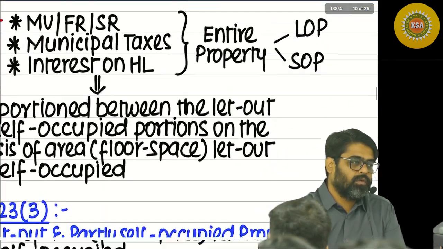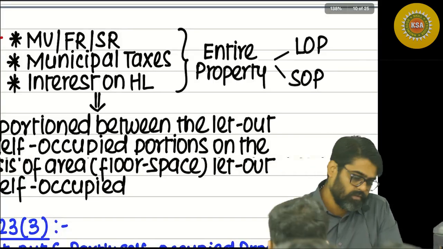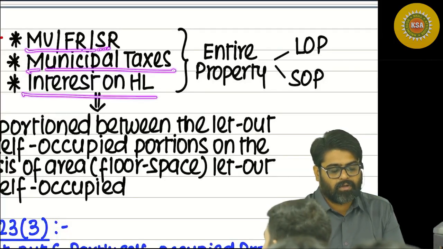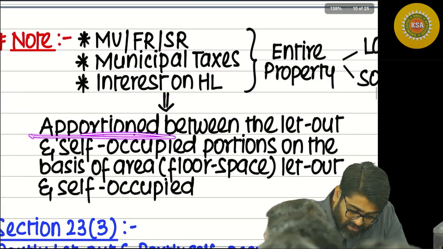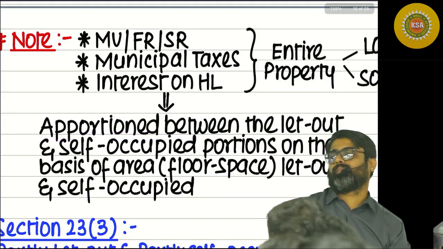Sir has told you in the class today itself that if municipal value, fair and standard rent, municipal taxes and interest on housing loan are given for the entire property, then only the apportionment will happen. Then only divide these amounts.